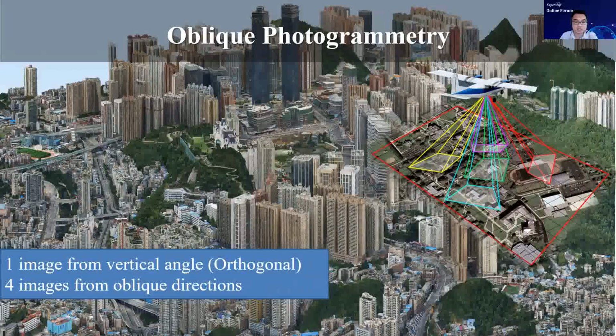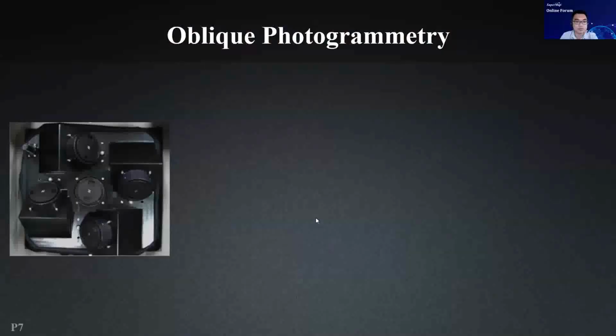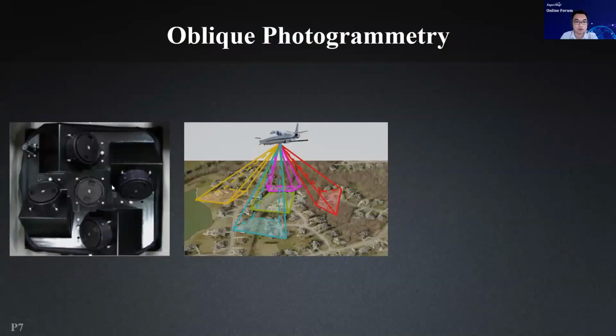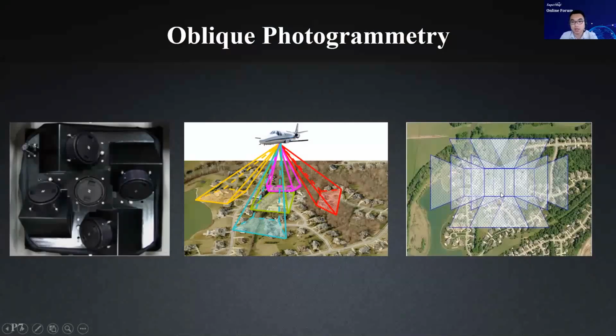Then you can generate the OSGB format, and SuperMap can provide the platform to let you do the data visualization. The first picture is the sensor of the machine, and then there is a picture to show how to capture the images from the ground. And this is also a picture to show the different images from different directions.